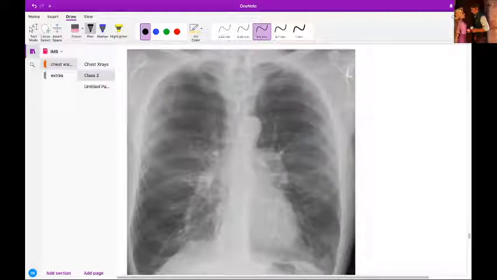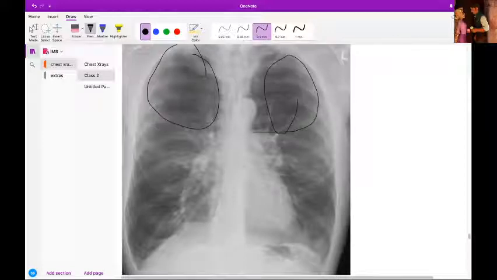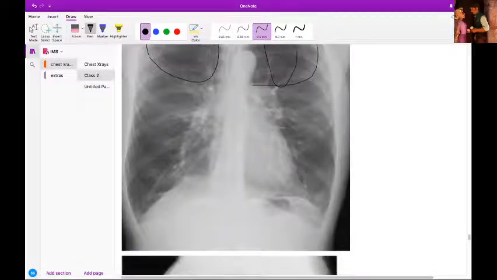There is decreased lucency in the left middle zone, I don't know why. But what this X-ray was supposed to show us was that there is more translucency because of hyperinflation, and the translucency is supposed to be more in the upper lobes in centrilobular emphysema.